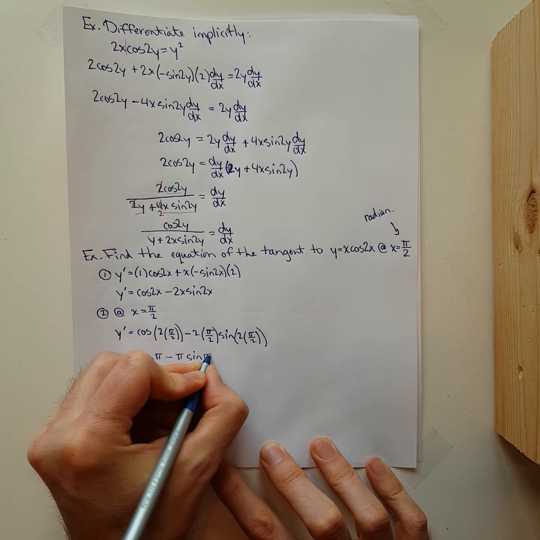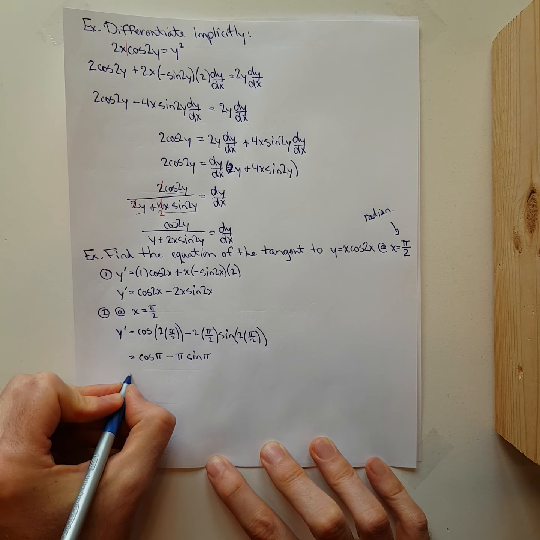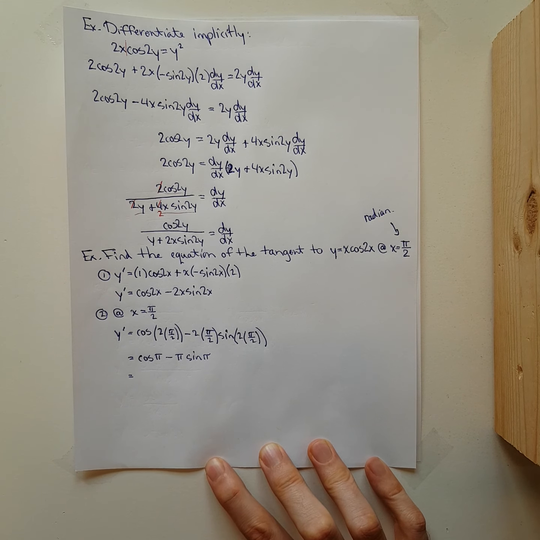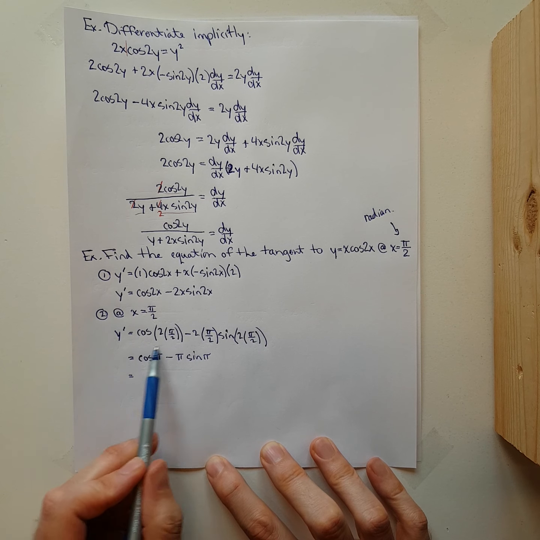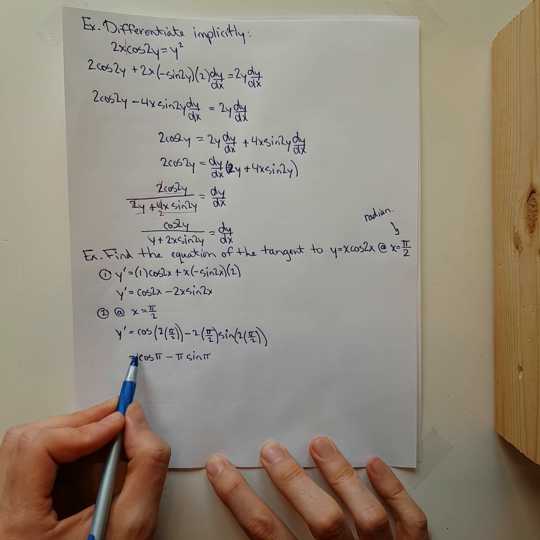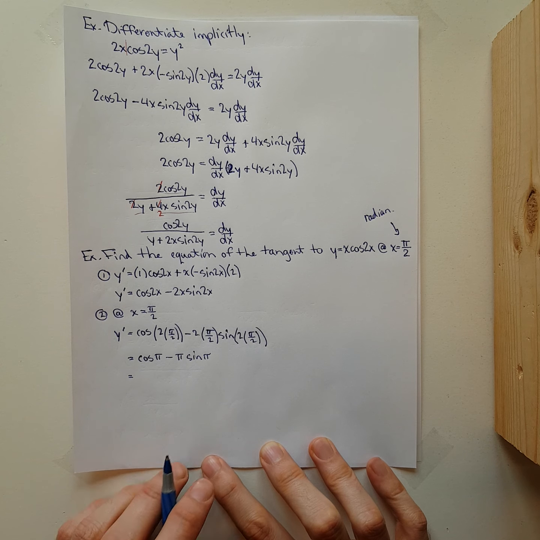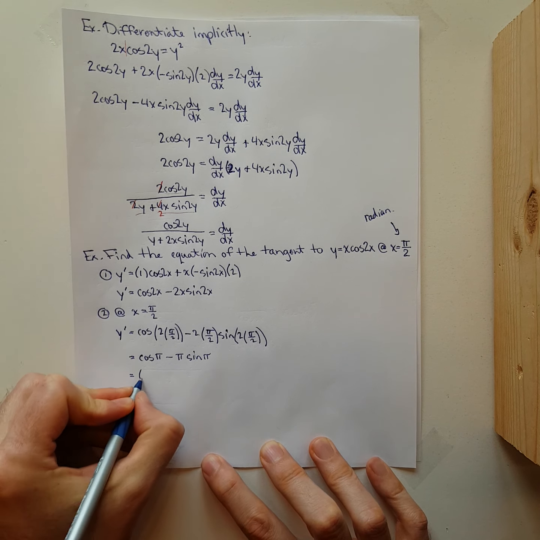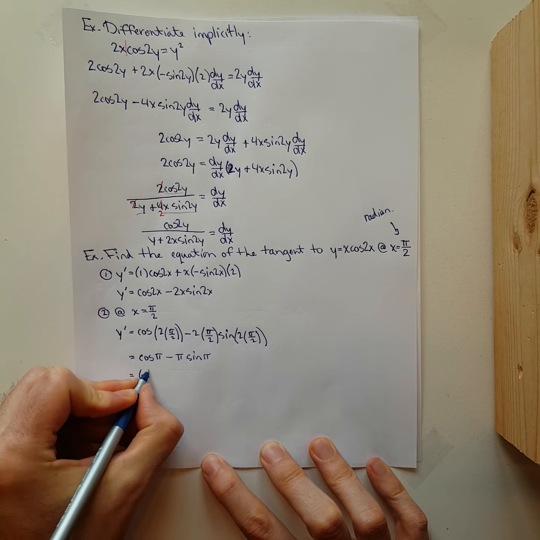of pi. This is where you can use your calculator if you need to or have to, or if you remember some of our exact trig ratios from advanced functions, we would know then that the cos of pi is -1 minus pi times the sine of pi, which is 0.